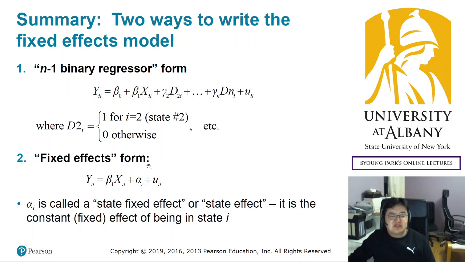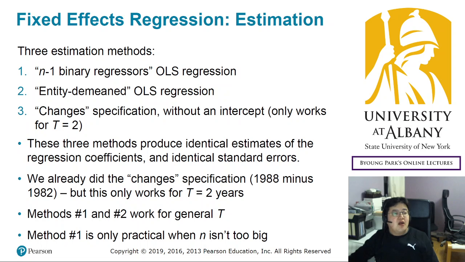In general, the fixed effects model is more common. Anyhow, they are equivalent, so I'm going to call this the fixed effects model. Okay. And then how do we estimate? So far, we actually considered three different models.